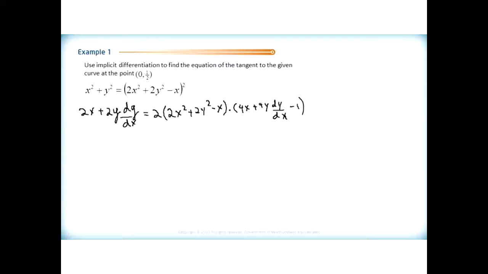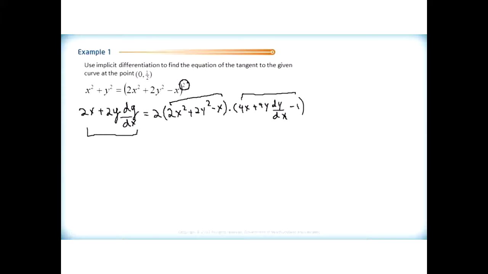So what I have to do now is I could try to rearrange all of this to get dy over dx by itself. But because of this right here, we now have a big ugly trinomial here multiplied by another big ugly trinomial here, and that's equal to a binomial over on this side. That's a little bit hairy.